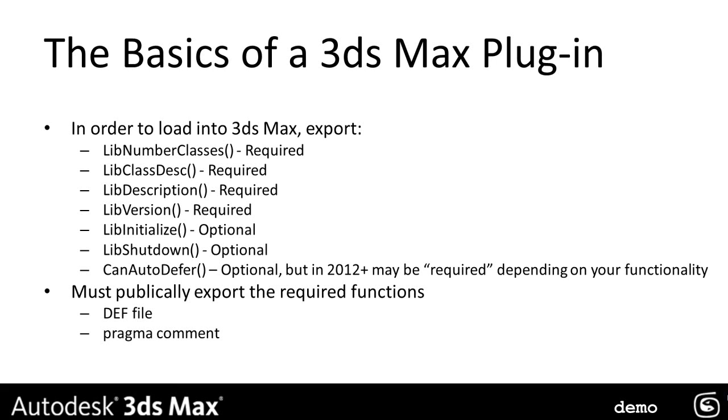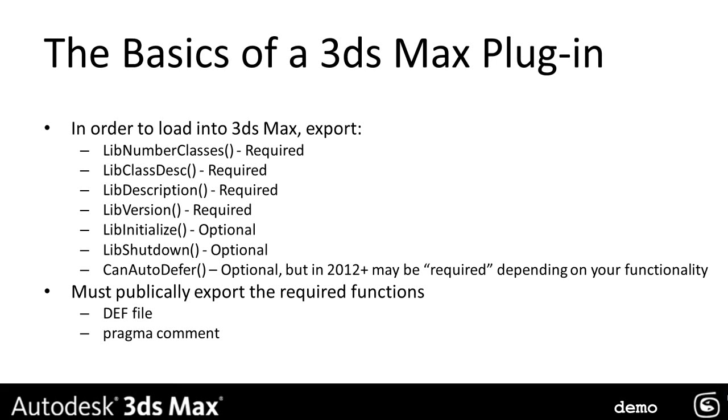And then for each class, you have to provide a class description. And then you also need to provide a description of the library, a version, and then optionally you can also implement initialize and shutdown. Now these are global functions to the plugin itself.